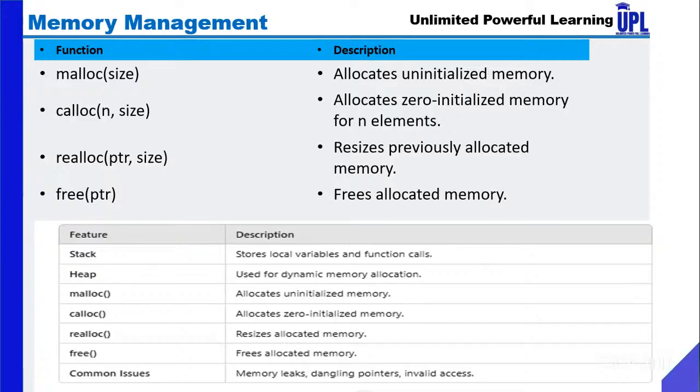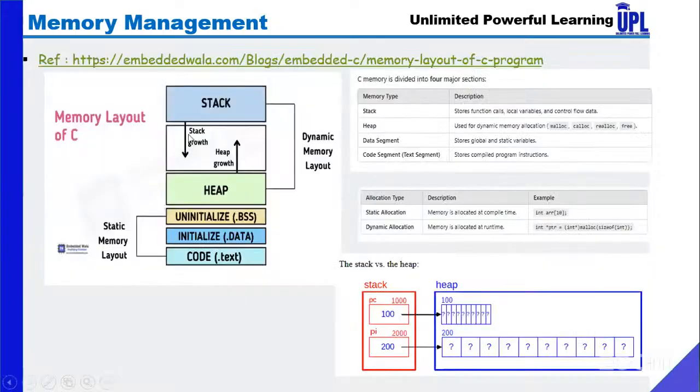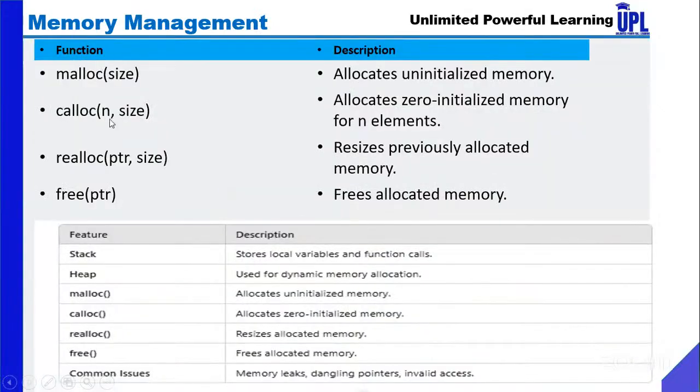So in the memory, we are targeting here to work here. These are the different types of memory management in C programming, and this is usually called heap. Stack stores the local variables and function calls. Heap is dynamic memory allocation. Malloc allocates uninitialized memory. Calloc is zero initialized. Realloc resizes allocated memory.